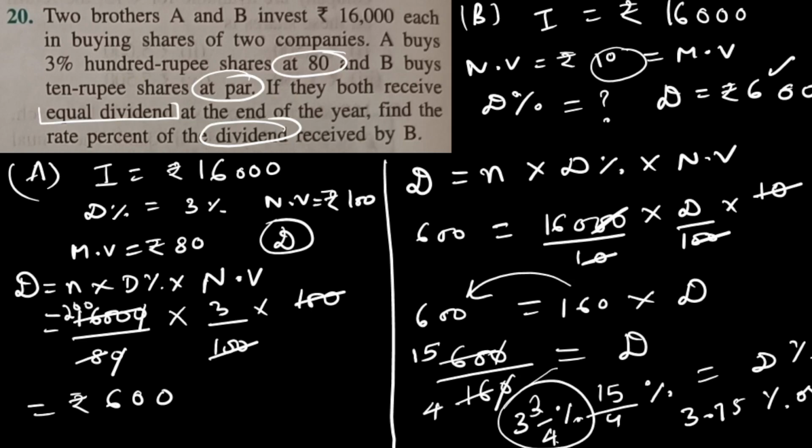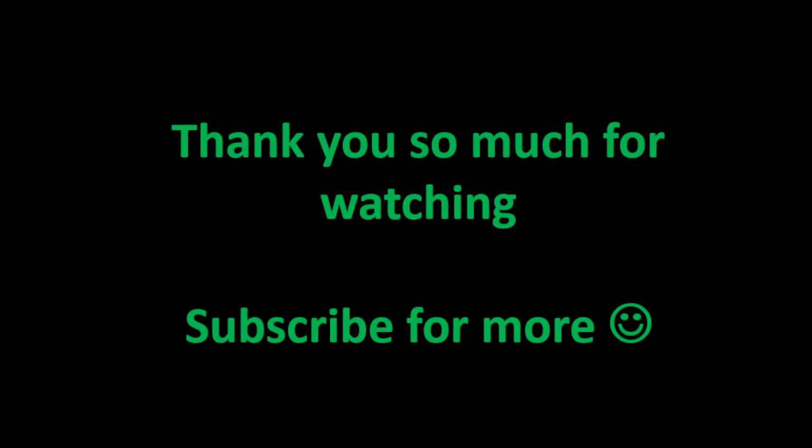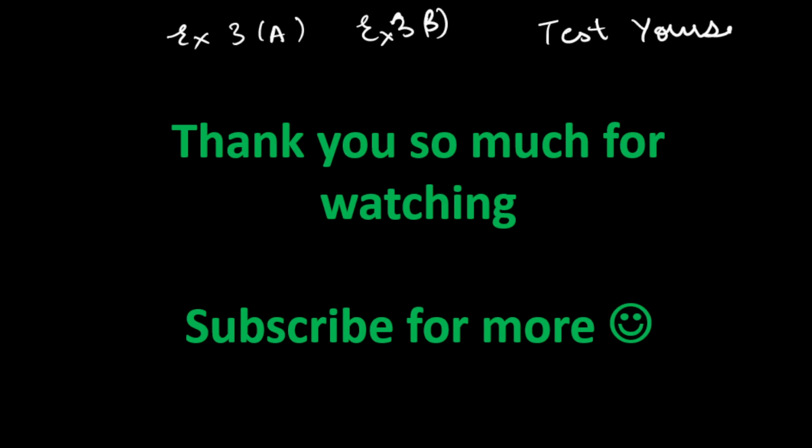See, with this we have completed this chapter. If you have seen my video till here, I'm 100% sure you are able to understand this chapter. As of now, in this textbook, which is a new edition, 2 exercises are there, exercise 3A and exercise 3B. I have completed both the exercises. One last exercise is Test Yourself. As of now, I am not doing this exercise.